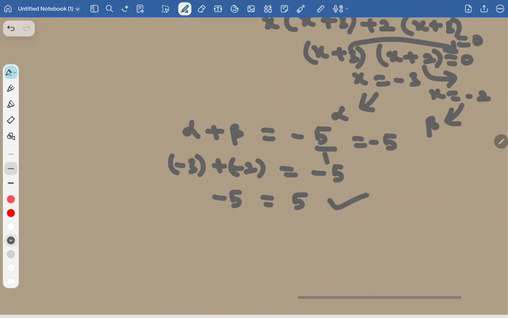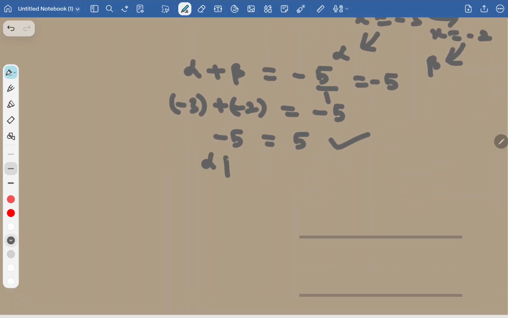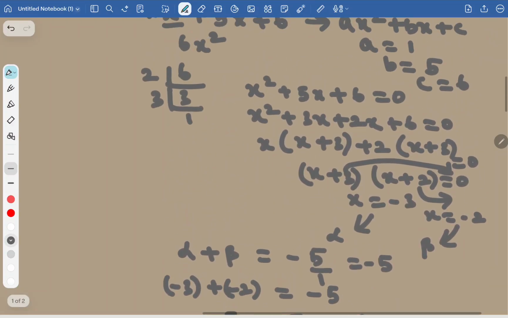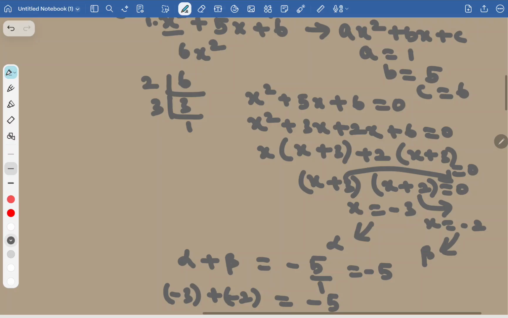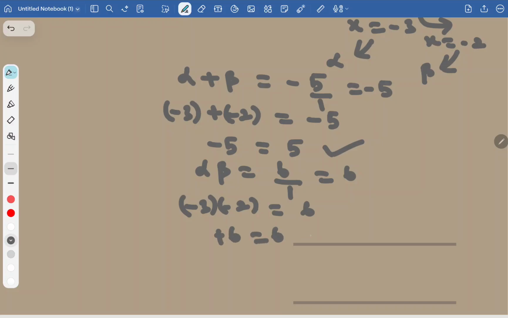First relationship is verified. Now I am going to verify alpha beta equals constant term by coefficient of x square, that is c by a. c is 6, a is 1, 6. Alpha value is minus 3, beta value is minus 2, minus 3 into minus 2 equals plus 6. Second verification is over.